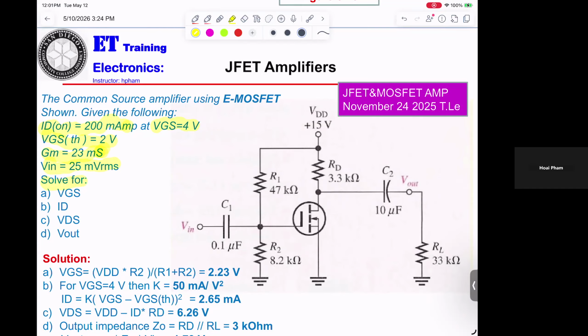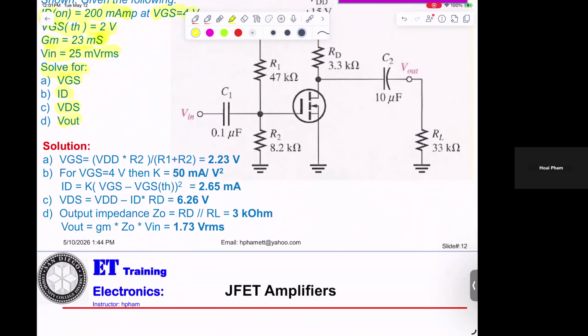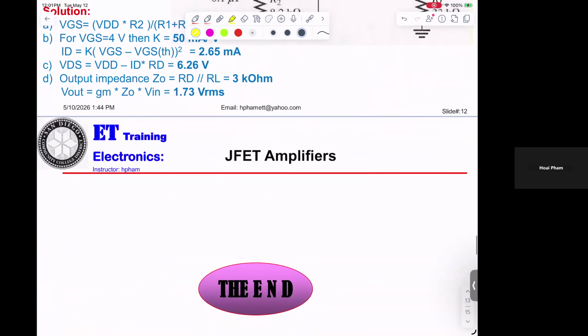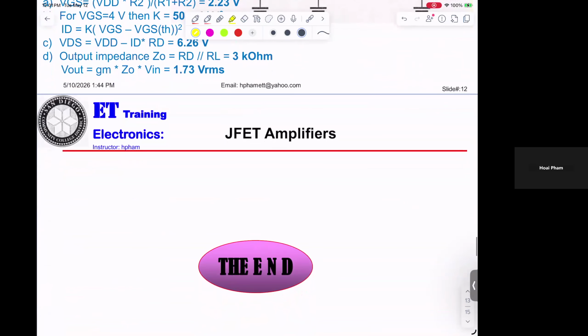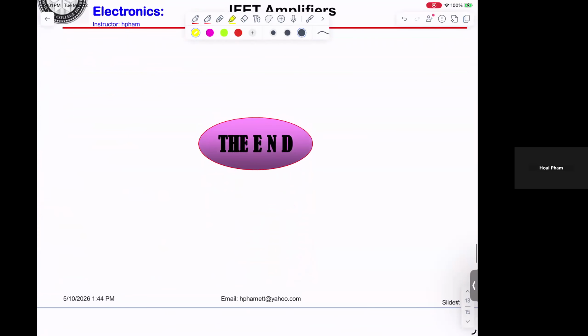They want you to solve for VGS, ID, VDS, Vout. And basically, this is the solution. You can try again.